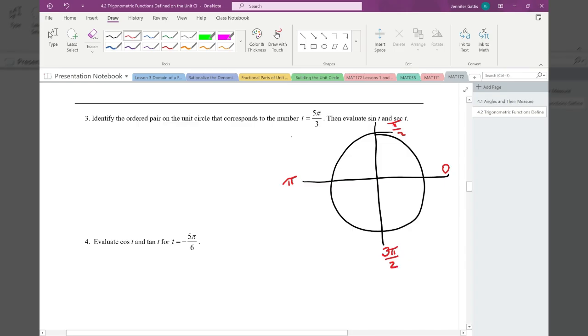Well, 5 pi over 3 is actually going to be all the way around here in quadrant 4. So going all the way around here, this is 5 pi over 3.